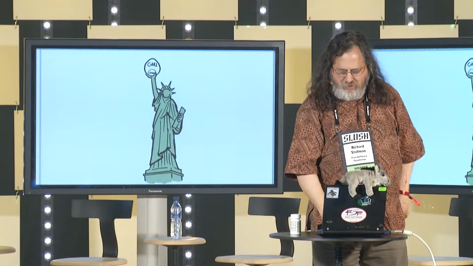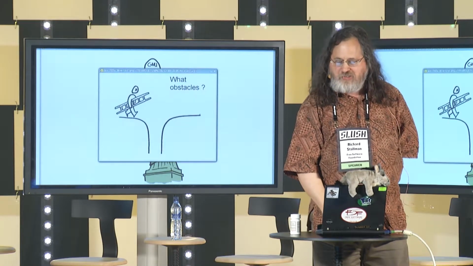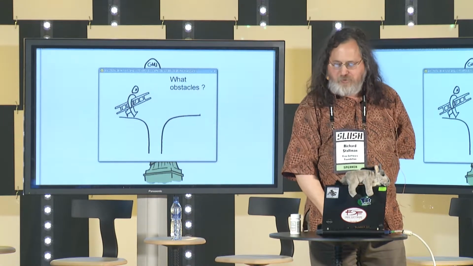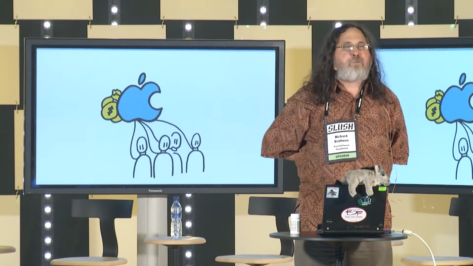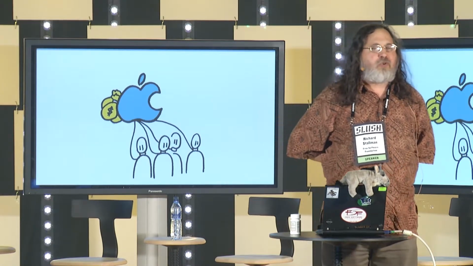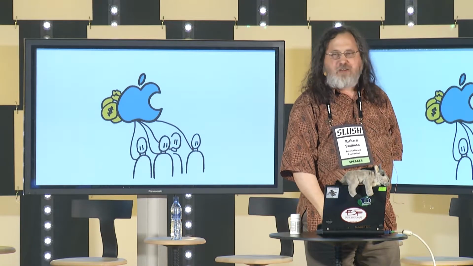So we invite you to come to freedom, but to do it, you've got to reject those things that hurt you. What are the obstacles we have to overcome to win freedom? Well, there are these powerful companies with lots of money that they get from having power over users, and they are not going to give up their power without a fight.